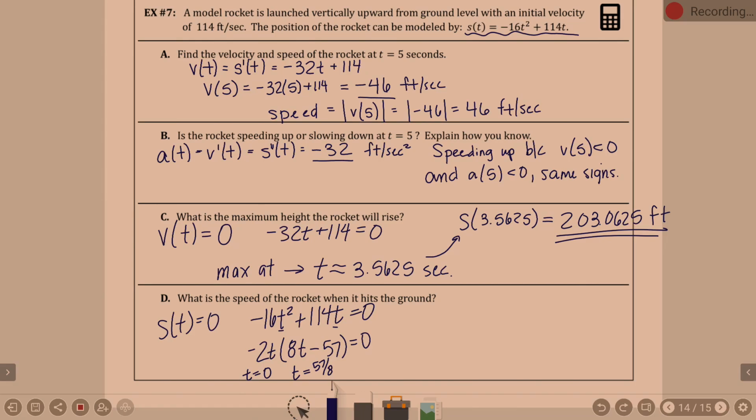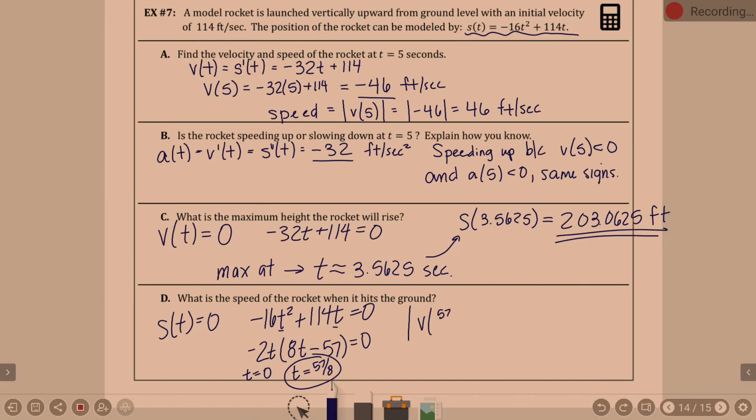t equals 0 is when it starts, so the height is 0. It goes up, it comes down. We're looking here at the 57/8. Now we want to know speed. How do you do speed? Absolute value of velocity.